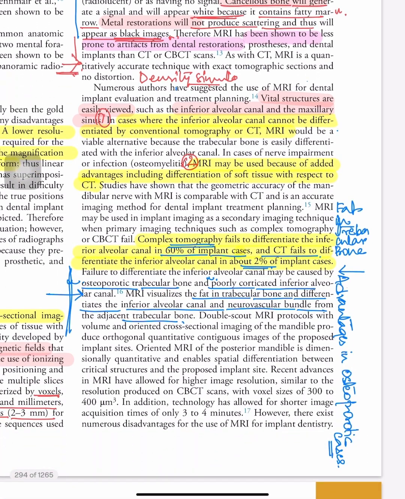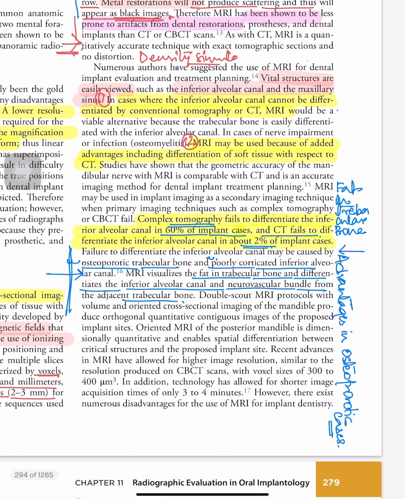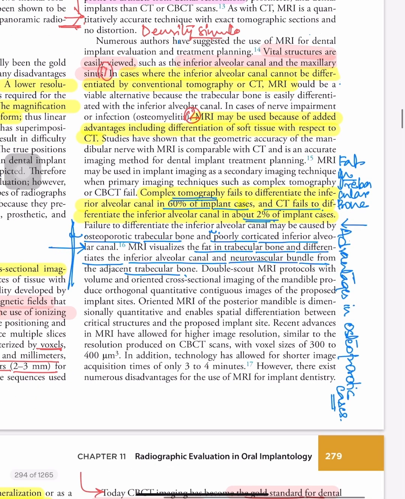So, in such cases, an MRI would be a better option to identify such structures, especially when the bone is osteoporotic. It is difficult to determine where the mental nerve and inferior alveolar nerve are present. So, in such cases, MRI would be a better option. You can read about the principles of it on your own.